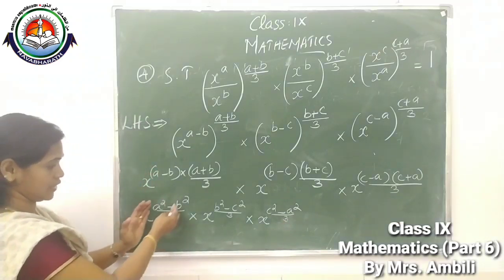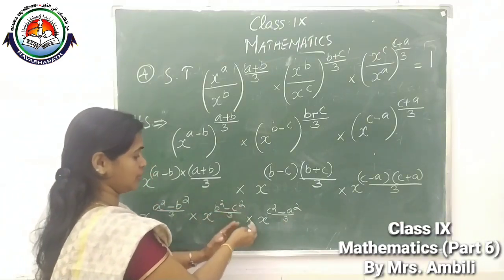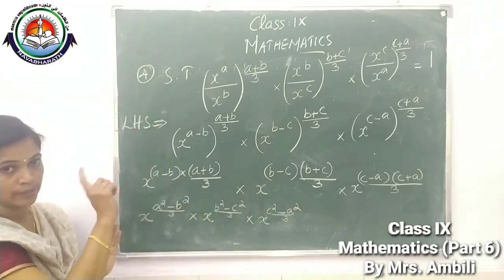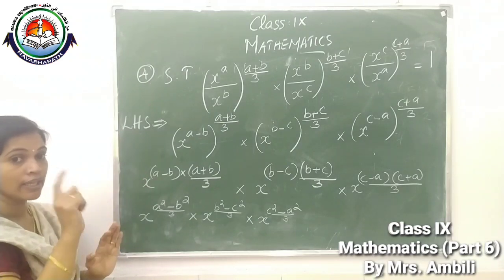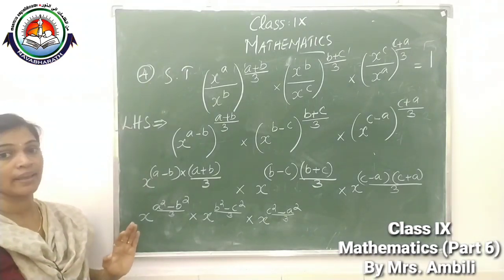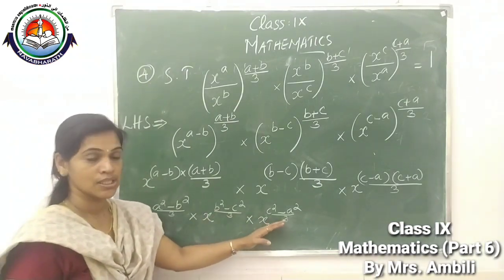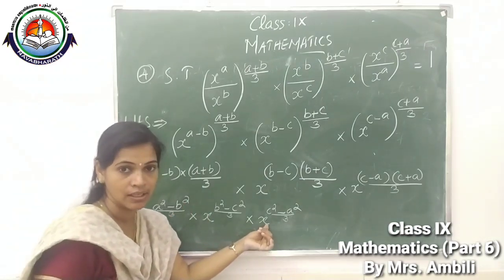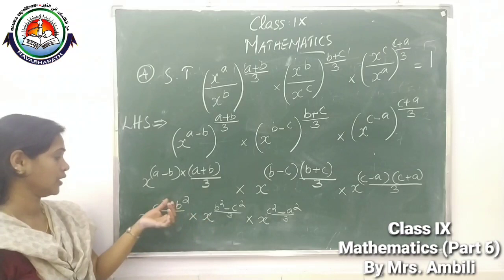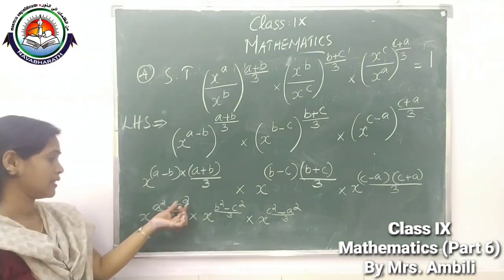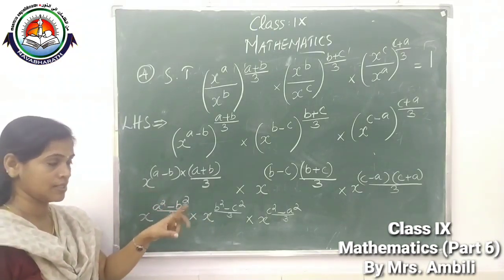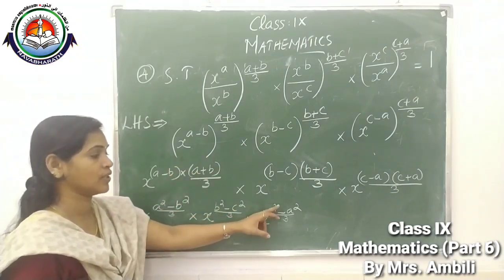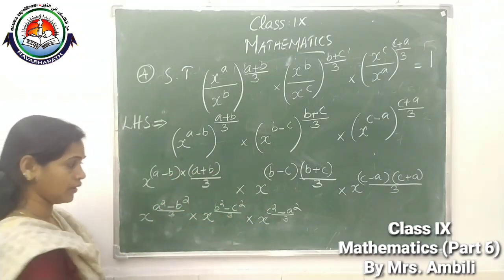Okay. So here a^m × a^n × a^p, we can add the exponents. a^m × a^n we can write as a^(m+n). Here 3 terms are there, and the base is x. So x raised to (a² - b²)/3 + (b² - c²)/3 + (c² - a²)/3.